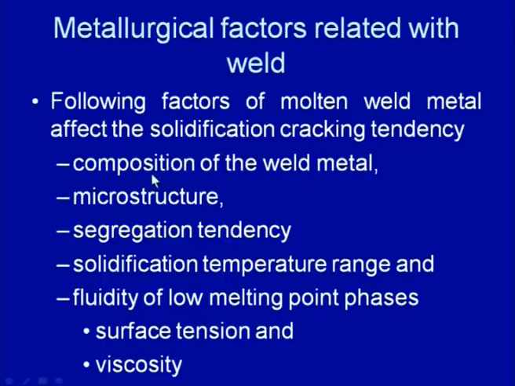However, these properties are affected by many metallurgical factors, like the composition of the weld metal, the microstructure, segregation tendency, solidification temperature range, and fluidity of the low melting point phases formed, in terms of surface tension and viscosity.